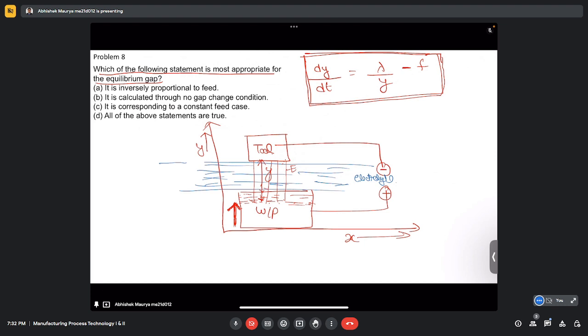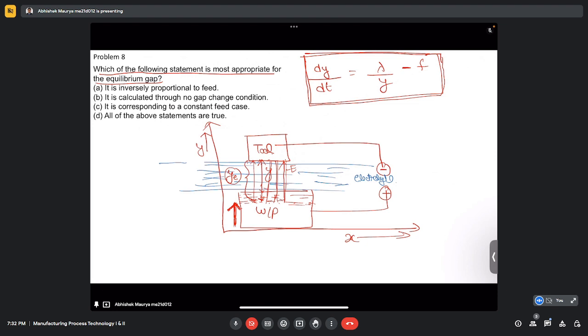Here we want to give that much feed to the workpiece so that whatever material is getting removed, this gap should not get changed. So at what rate this gap is decreasing, if we give feed to the workpiece at the same rate, then this gap will become constant. Okay, in that case this y will become the equilibrium value of y.